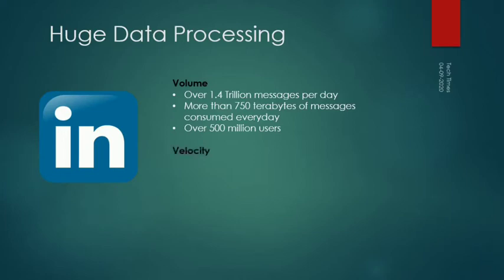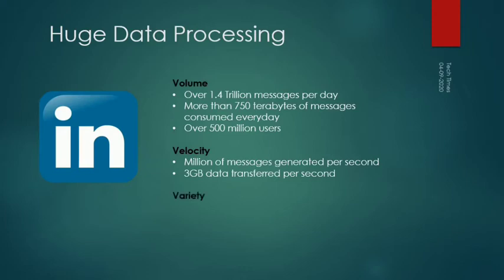Regarding velocity, we have millions of messages generated per second and 3 GB of data transferred per second. Then there is the variety of messages which LinkedIn deals with. What I mean by variety is that it deals with different types of data like text, images, videos, and many other types of messages.